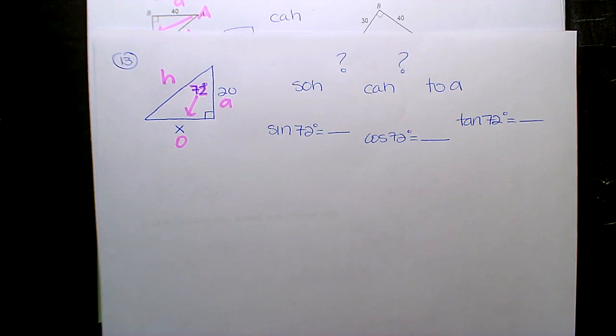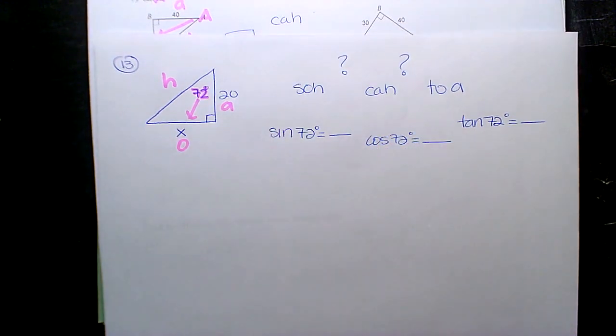See how there's nothing on H? O is x, A is 20, but I have nothing for H. It's blank. So how do you put blank into a calculator? You can't. And that's how you figure out whether it's sine, cosine, or tangent.